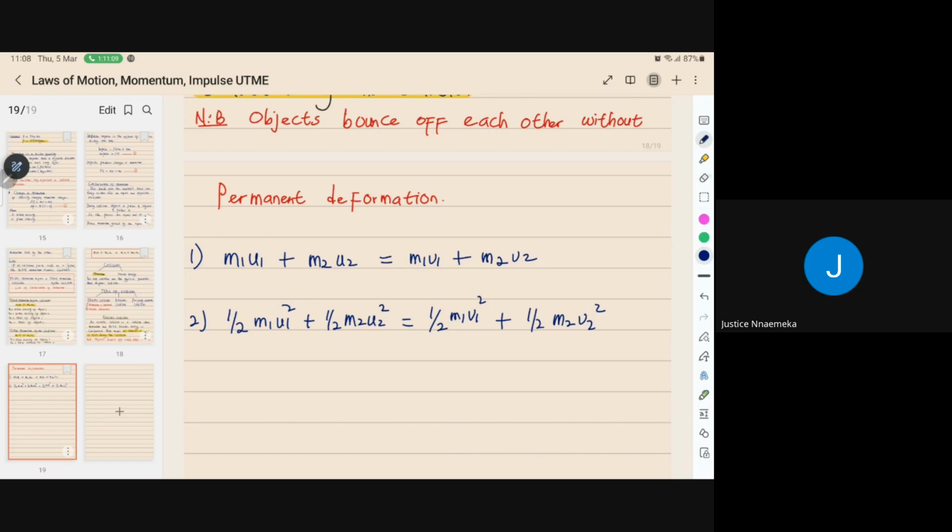Remember, this is u, and this is v. This one is for momentum, and this one is for kinetic energy. So that's for elastic collision. All clear, everybody?